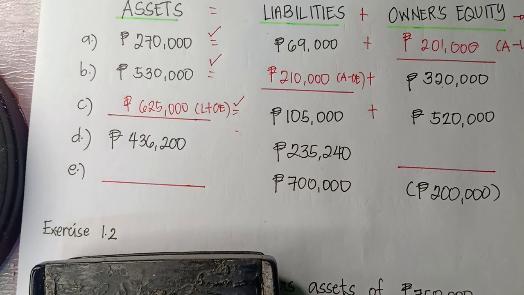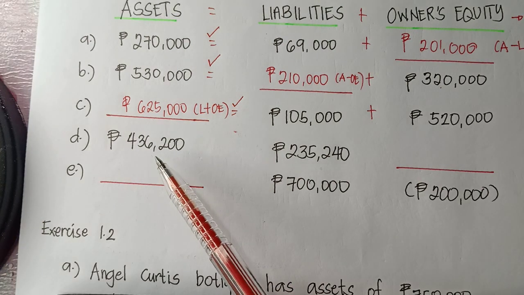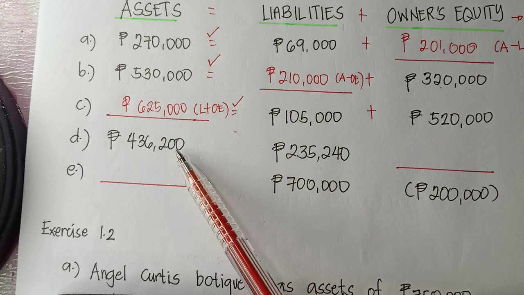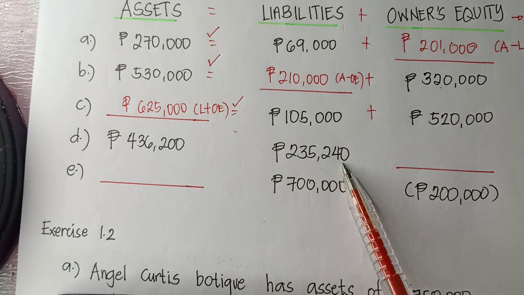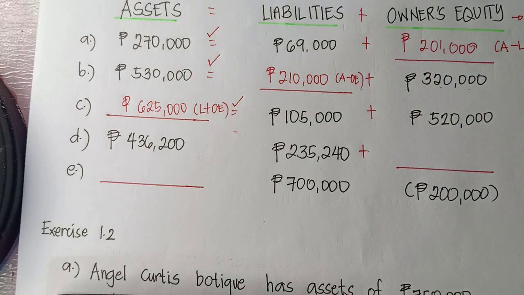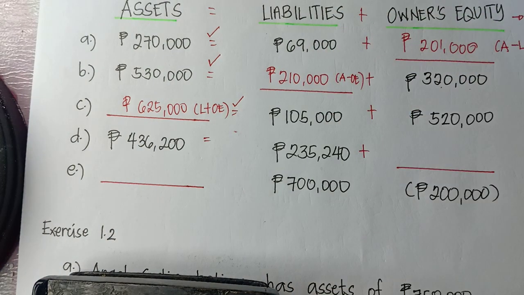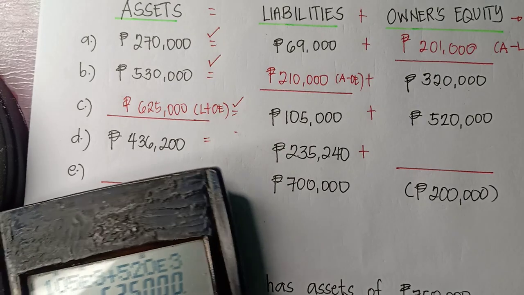Okay, now let's proceed to letter D. We have assets of 436,200, liabilities of 235,240, and now we will find how much is the owner's equity. How are we going to find it? We have to deduct the liabilities from the assets.